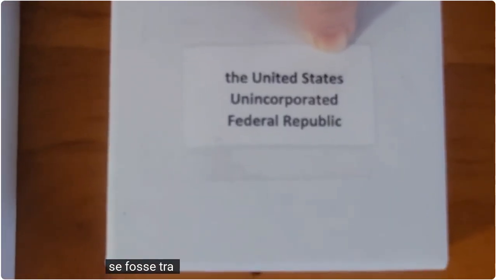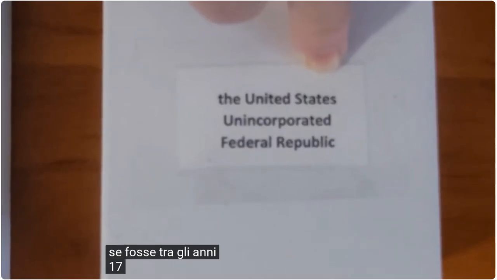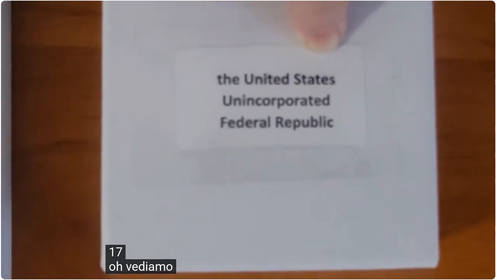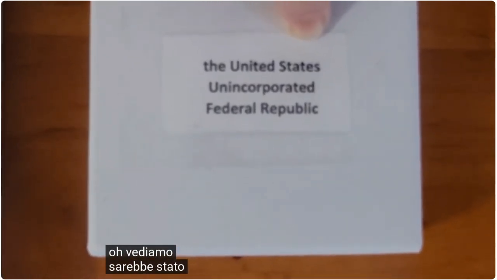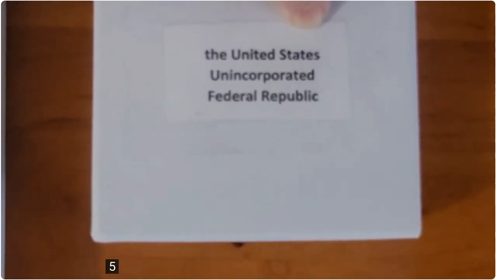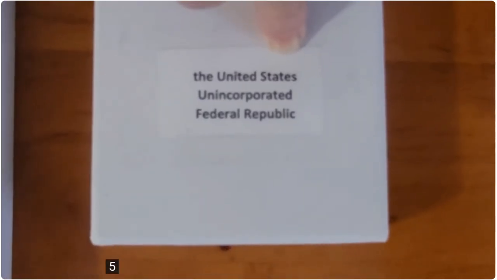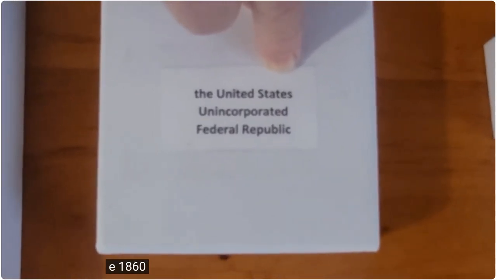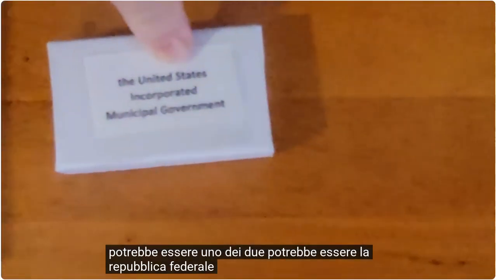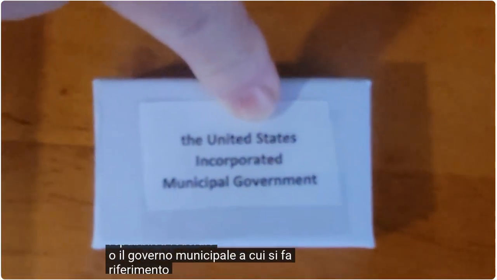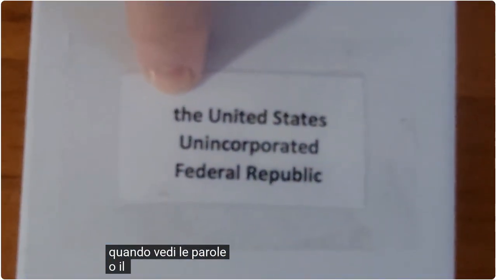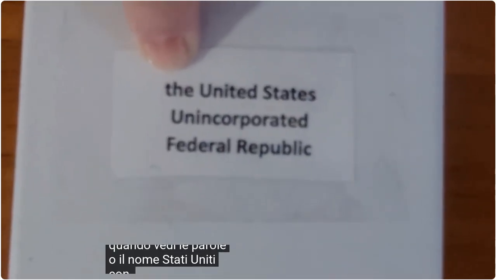If it was between the years of 1795 and 1860, it could be either one. It could be the Federal Republic or the municipal government being referenced when you see the name the United States, with a small t.